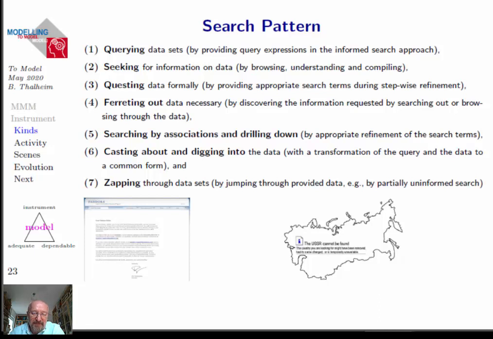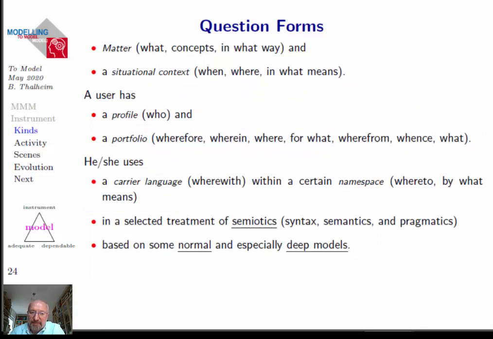Depending on which kind of pattern we have in mind, we have also the pattern of the search request result. We can map it, and the model we can represent by question and answer forms. A question form states what is the matter, in which context.